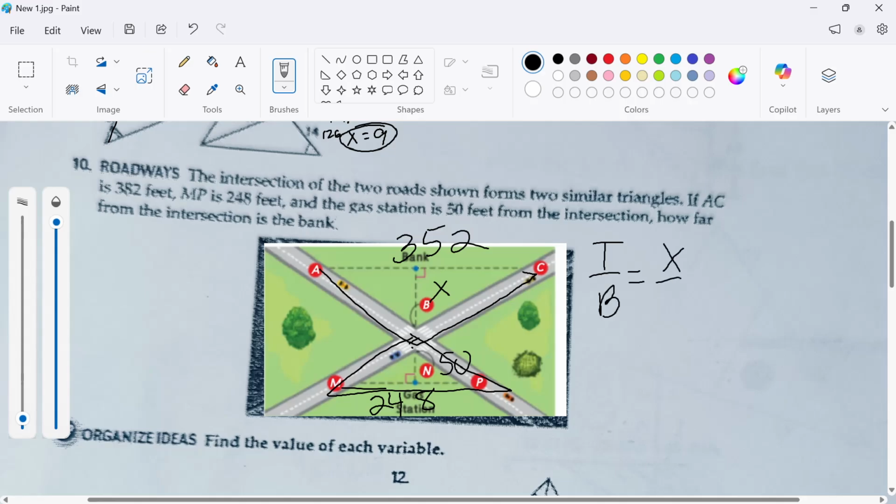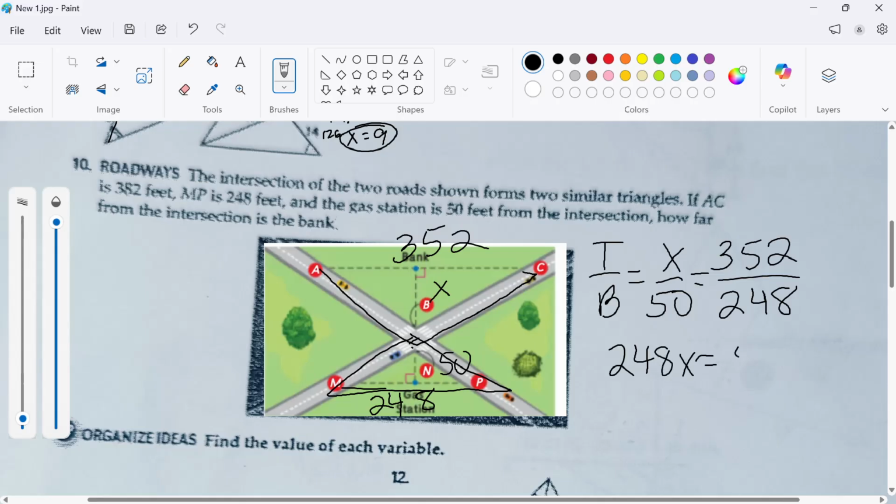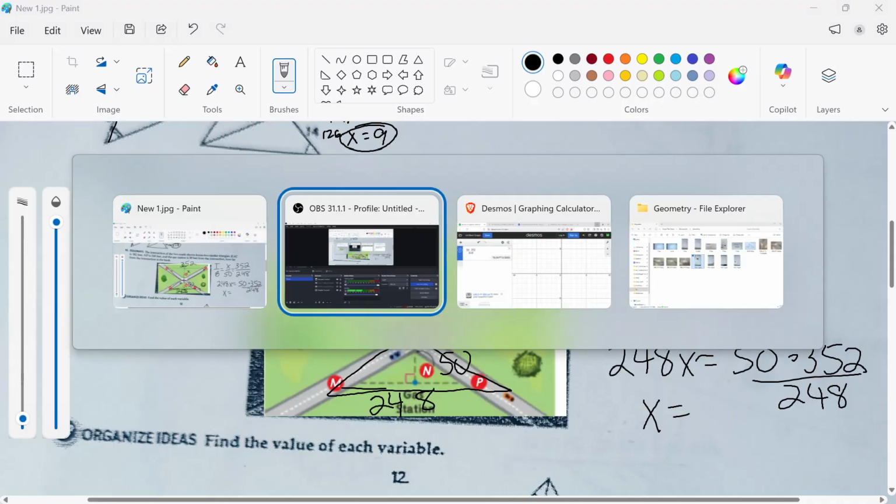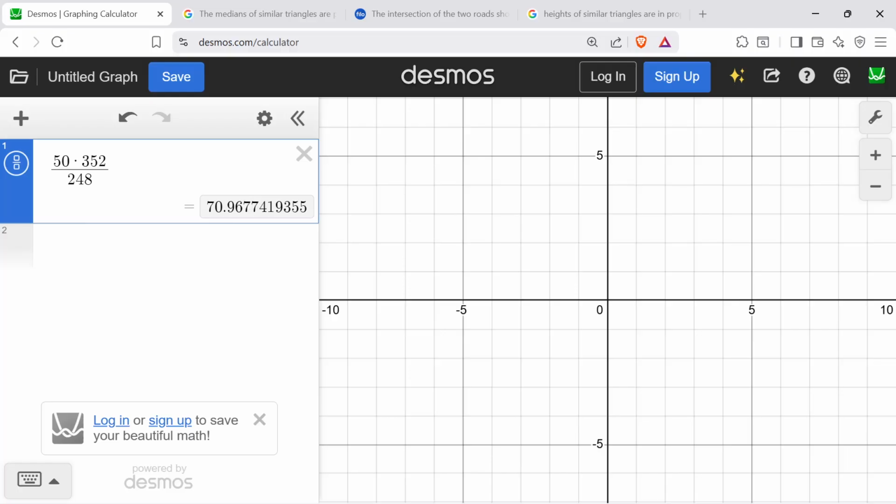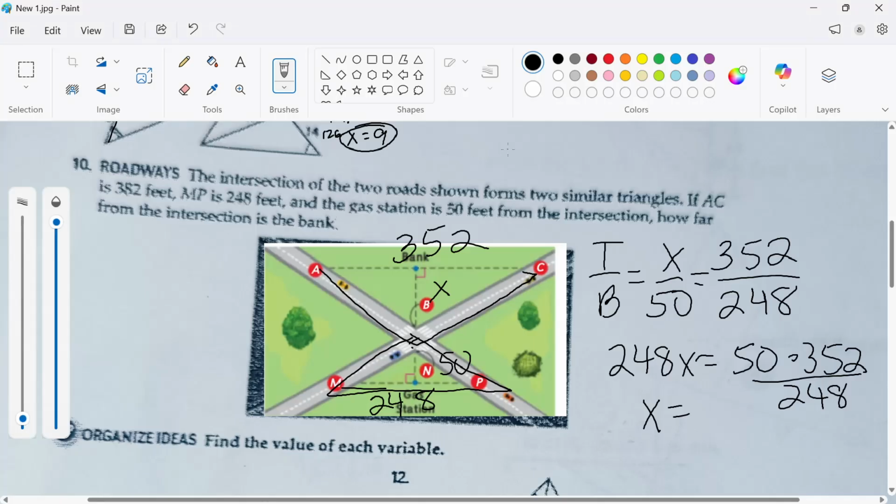I'll do x to 50 equals 352 to 248. 248x equals 50 times 352, cross multiplying. Then I divide both sides by 248. 50 times 352 divided by 248 is 70.96. I'll round it to 71. X is approximately 71 feet. All right, there's that one.